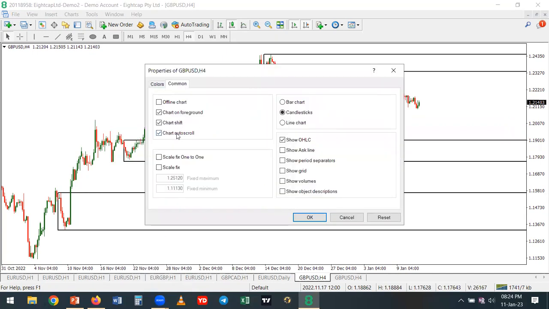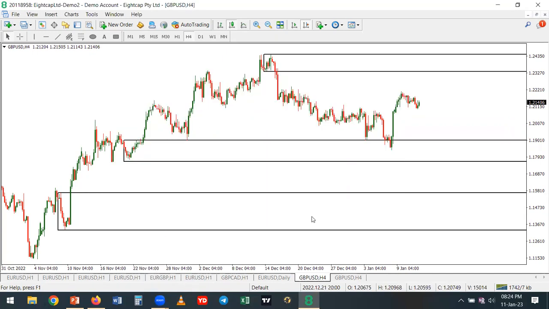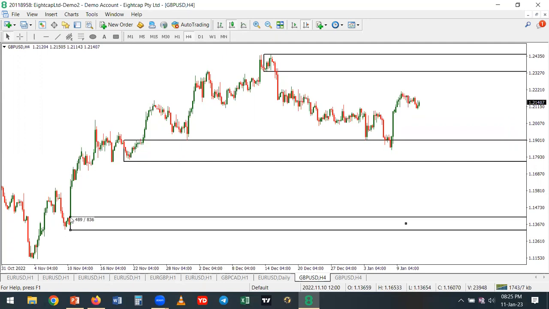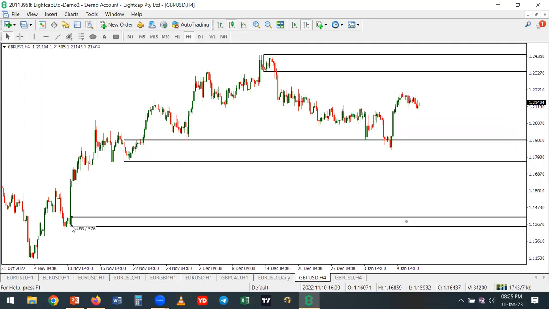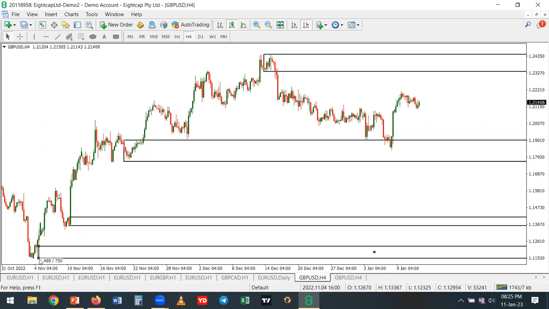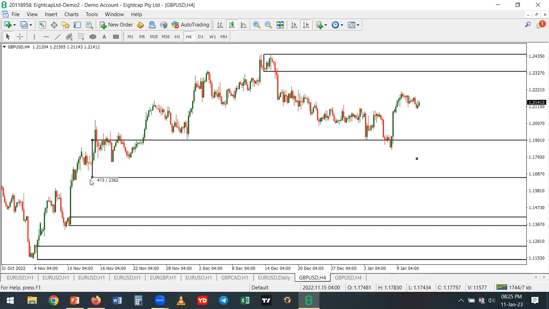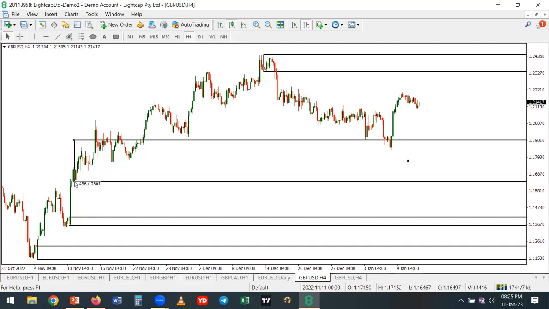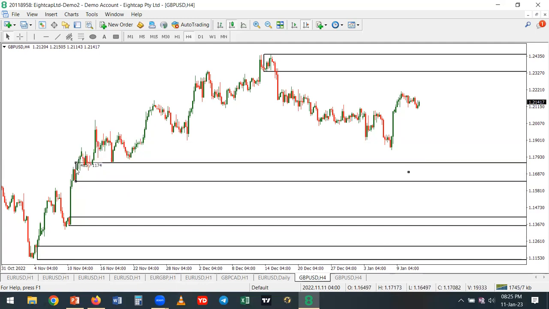So I am refining this order block here to this. I have another order block here. I'm going to use this wick below here as the order block.